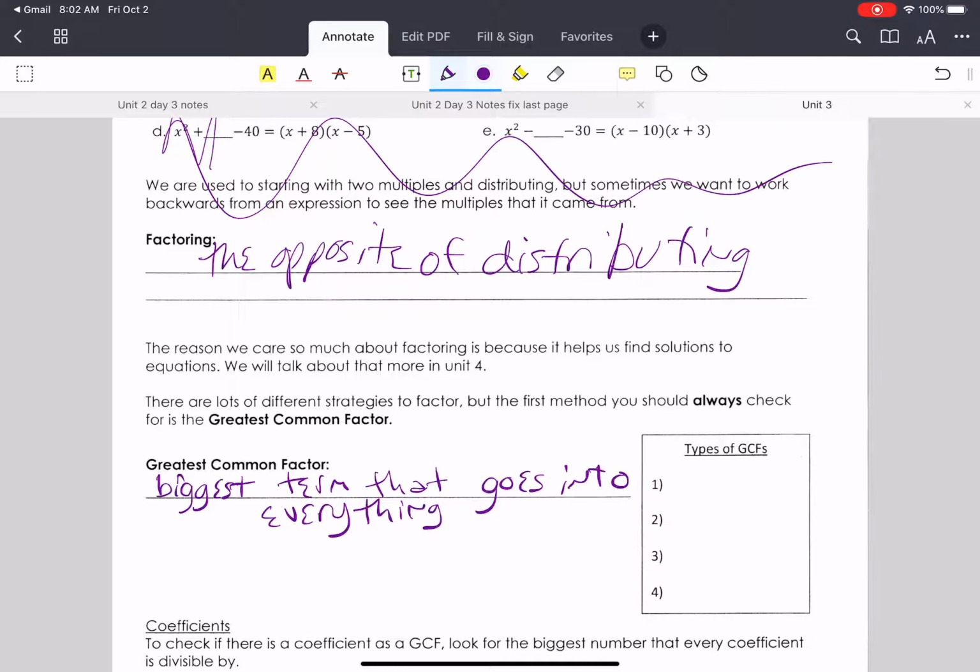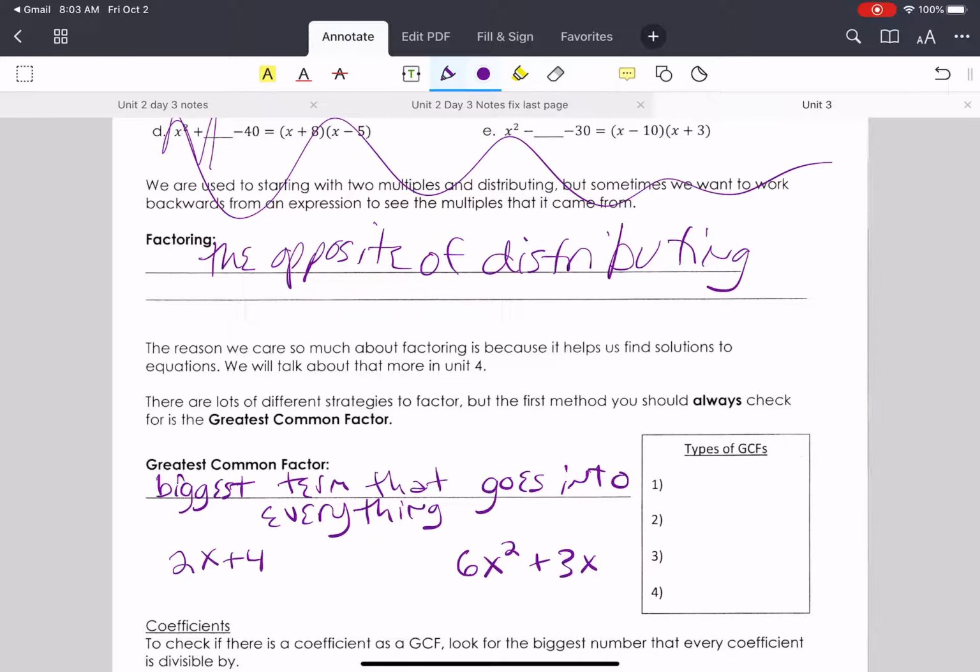Okay, let's say I had 2x plus 4. Is there anything that goes into both the 2x and the 4? 2. So the greatest common factor in that is 2. That's the biggest thing that goes into everything, right? Okay, then what if I had 6x squared plus 3x?